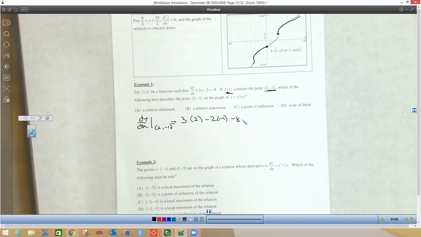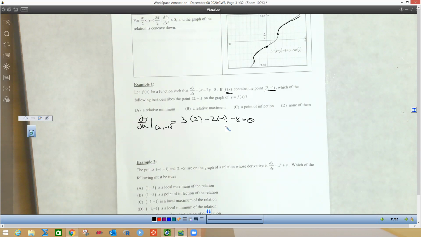And when I get this, I'm going to get 6 plus 2 is 8, minus 8. I get 0. So what that tells me is that 2, negative 1, because this is the derivative and it equals 0, is going to be a critical point.